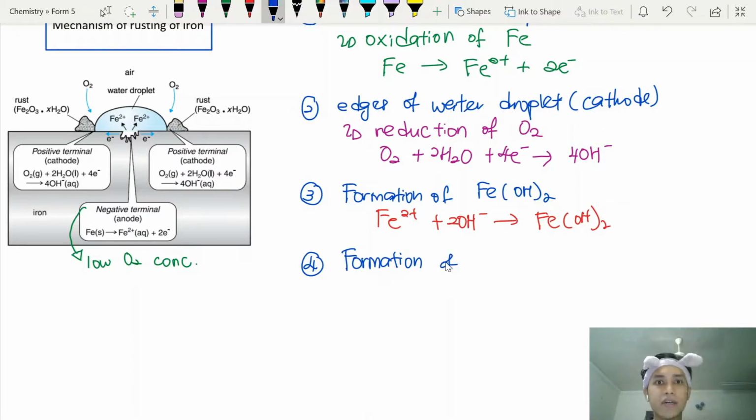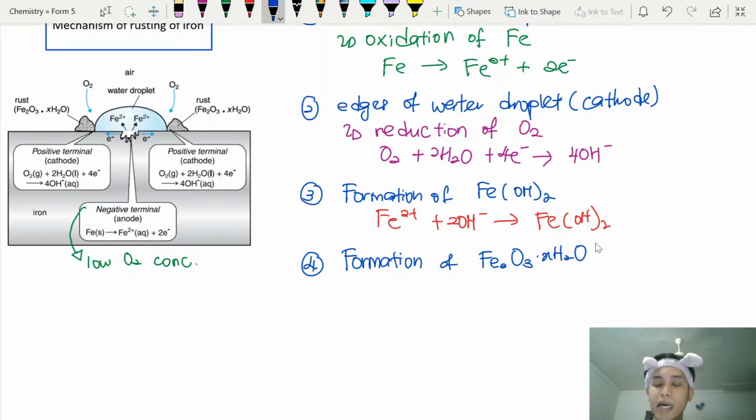Remember for the color of ions, iron 3 is brown in color. Iron 3 ions are brown in color. That is why your rust is brown. After they form iron hydroxide here, this will further undergo oxidation to form iron oxide, Fe2O3.